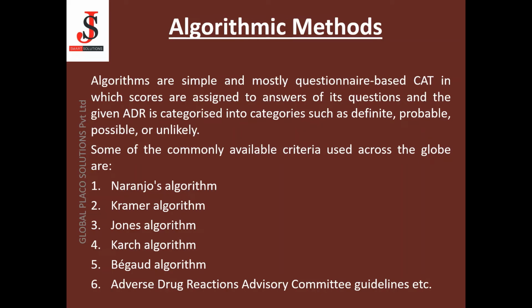Some of the most commonly available criteria used across the globe are Naranjo's algorithm, Kramer algorithm, Jones, Karch, Lasagna algorithm, adverse drug reactions advisory committee guidelines, etc. Many of them are also modified. You can Google each one of them to find more information on these methods.